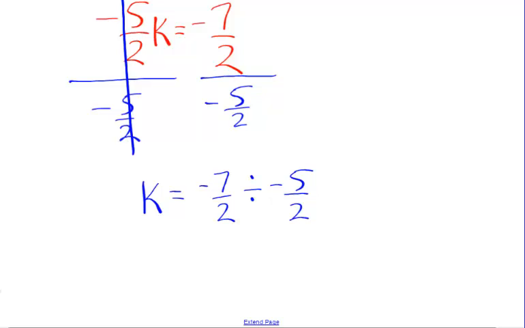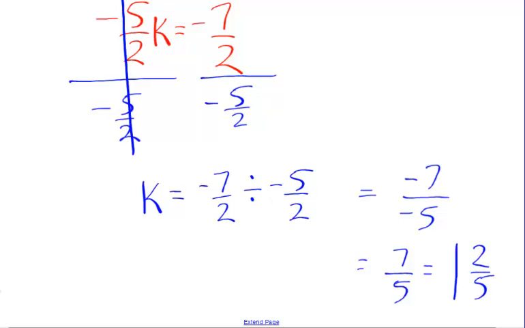If the denominators are the same, all we have to do is divide the numerators, which is -7 divided by -5, which is 7 over 5, because any negative divided by a negative yields a positive. Okay, so we have a 7/5, and we can change that into 1 2/5.